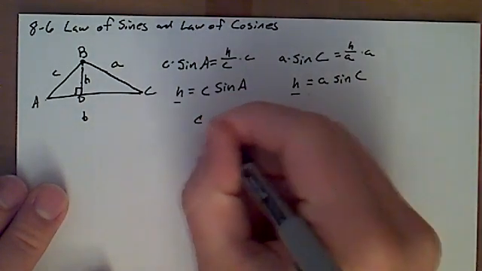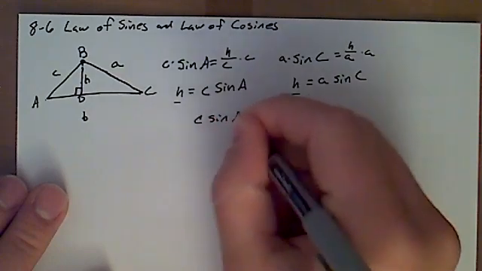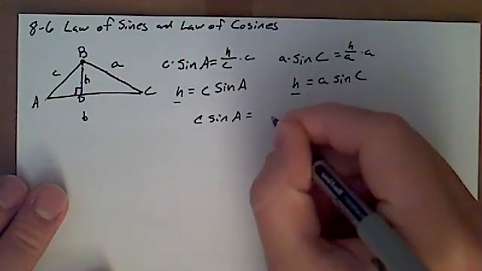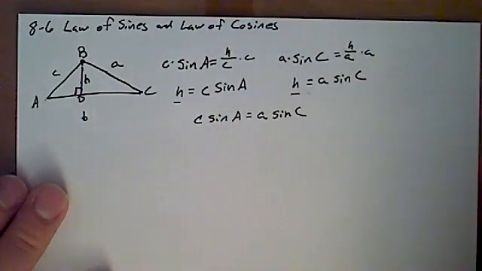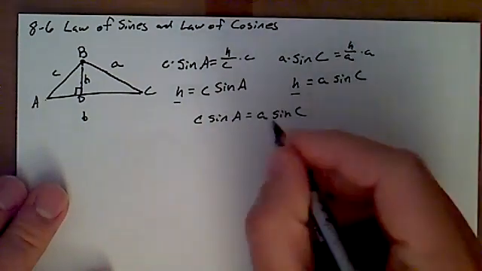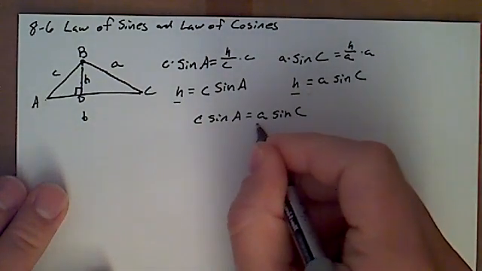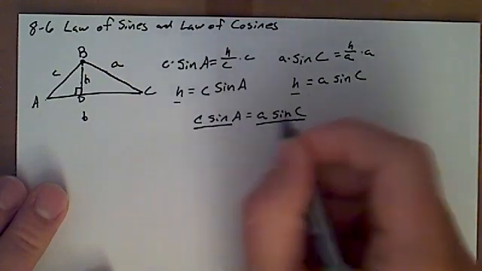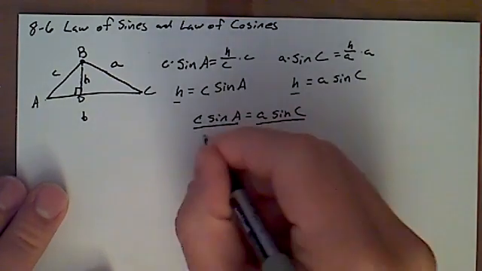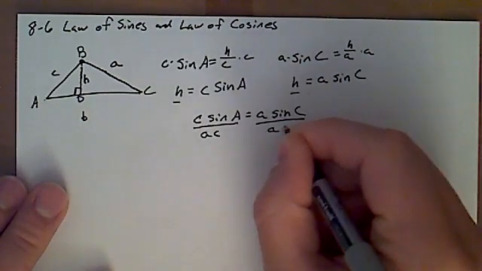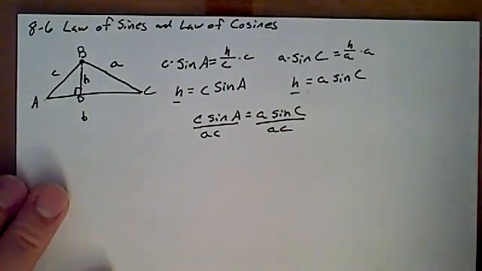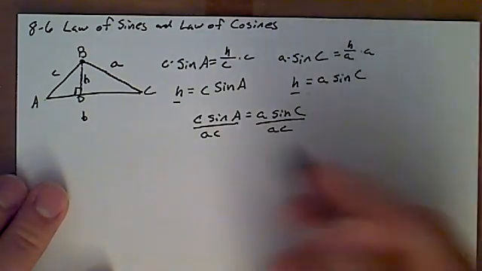So c sine of A is equal to a sine C. And if we divide both sides by ac, might seem weird to do that, but there's a good reason for it. We'll see here in a second.